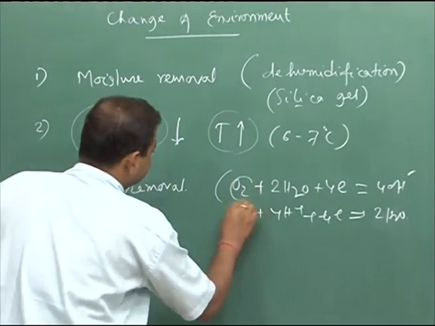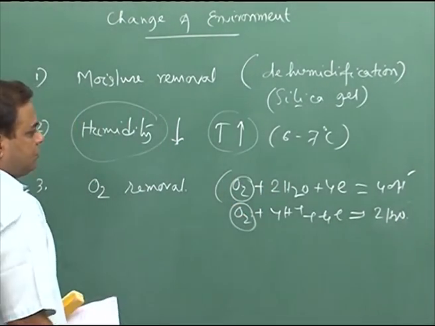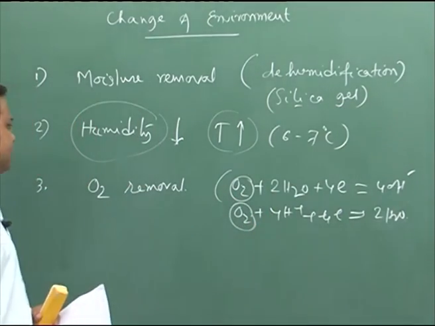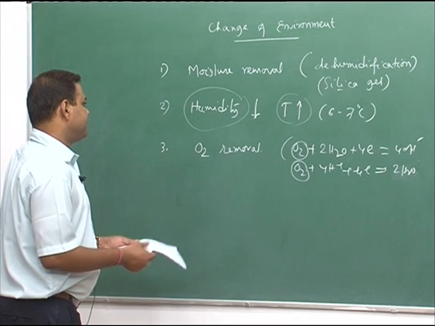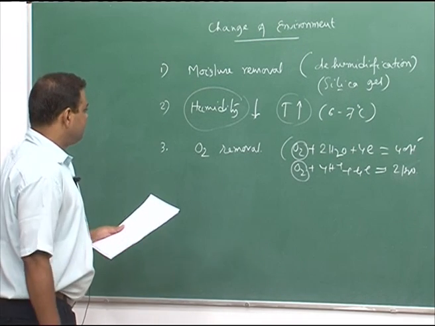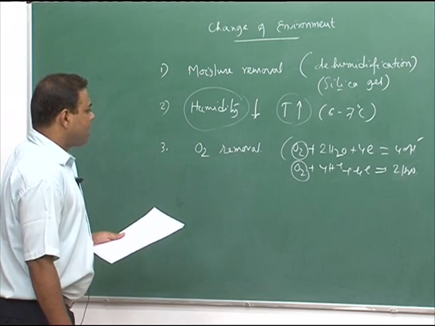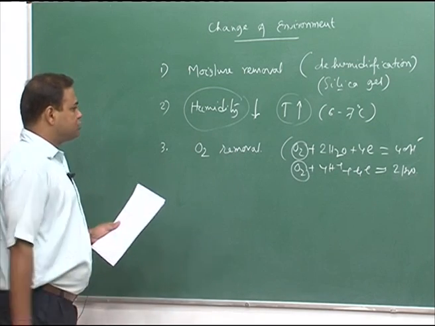If we can get rid of this oxygen, we cannot have these two cathodic reactions. So, we can reduce the corrosion rate of the metal object to a great extent, and for that how would we be able to do it?